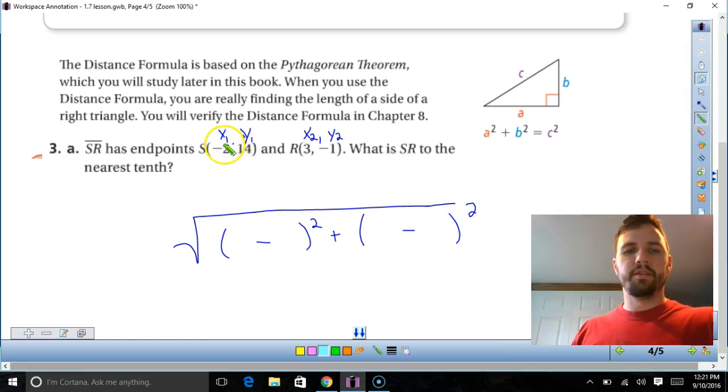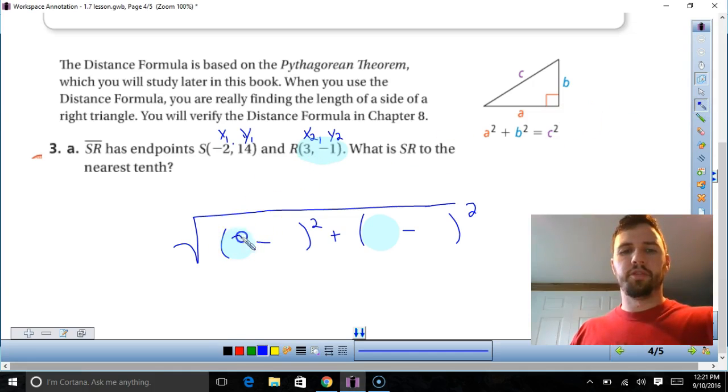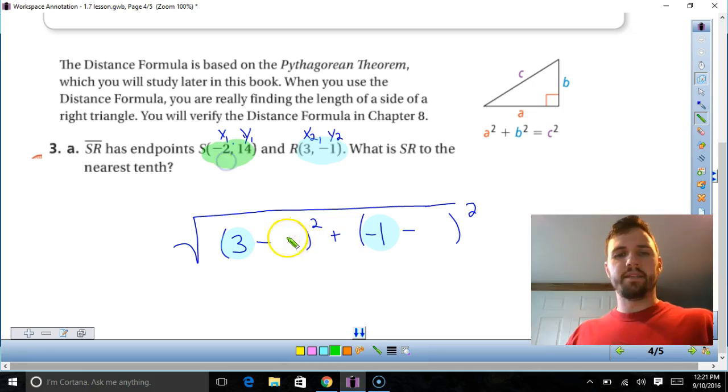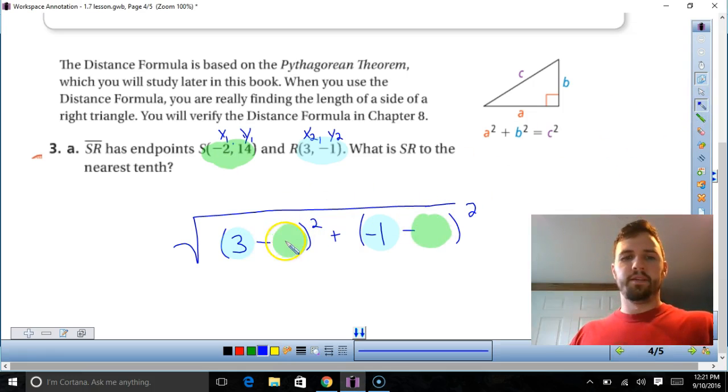So I chose these as x2. So I'm going to put my x here and my y here. Put 3 here and -1 here. And if those both have to go first, I'm going to put these here and here. Put -2 and 14.